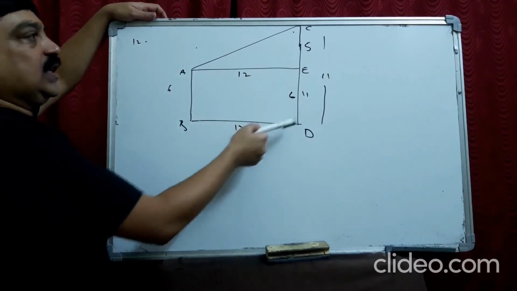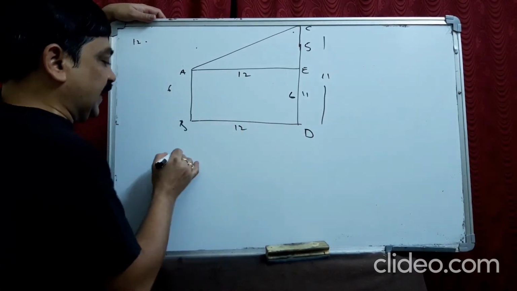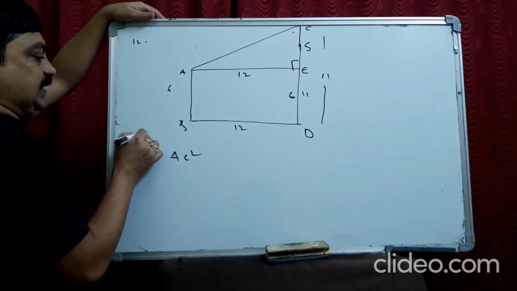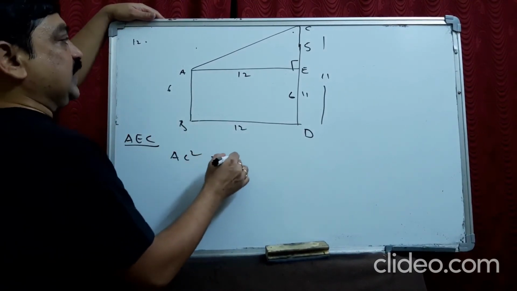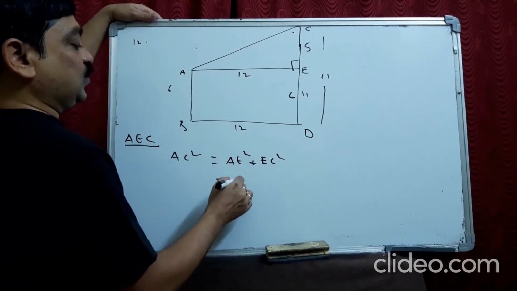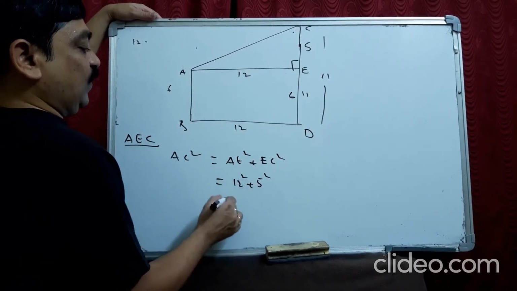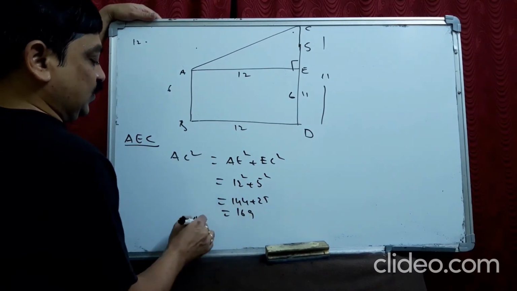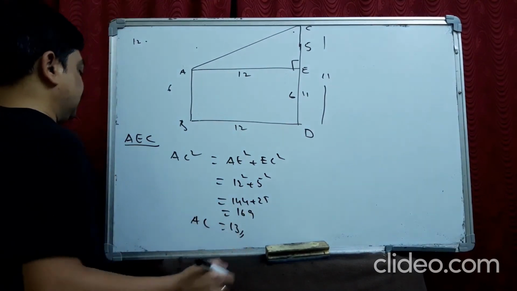Now for AC, we can apply Pythagoras for the triangle AEC. So AC square is AE square plus EC square, that equals 12 square plus 5 square, 144 plus 25, 169. So AC will be equal to 13.